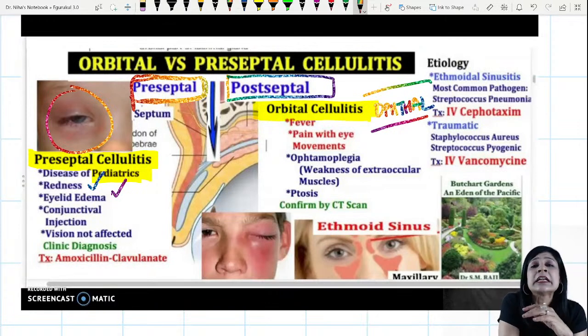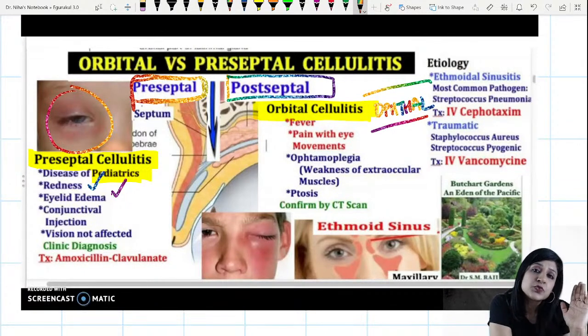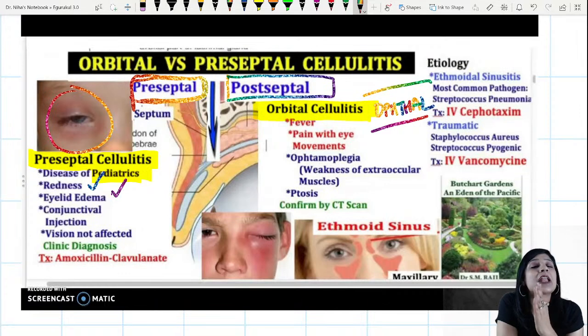But these patients do not have the visual acuity affected. This is a very important point, because for the same complaints with visual acuity not affected, your answer will be preseptal cellulitis. If the same complaints come with visual acuity also affected, you have proptosis, ophthalmoplegia, and pain on ocular movements, then it becomes orbital cellulitis.